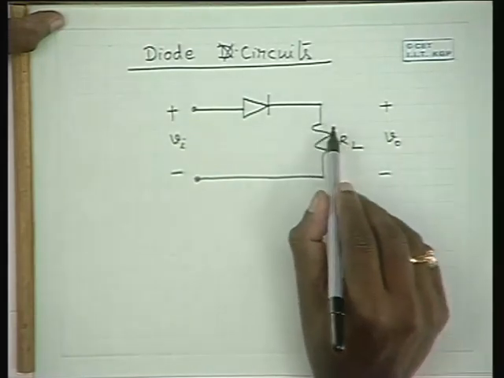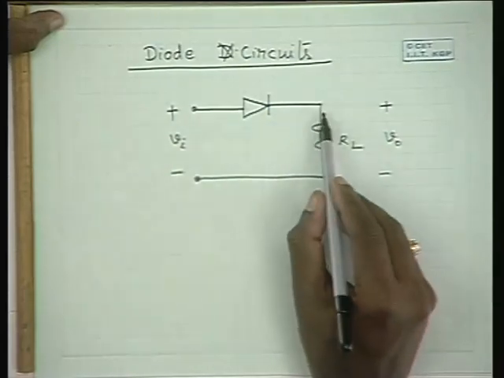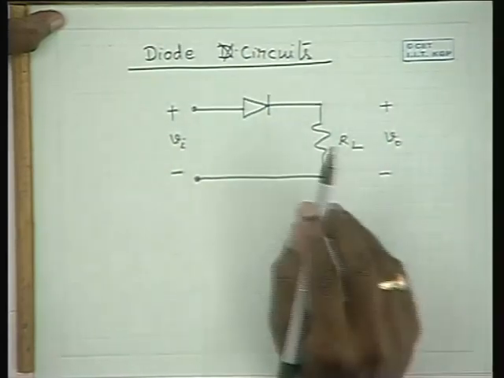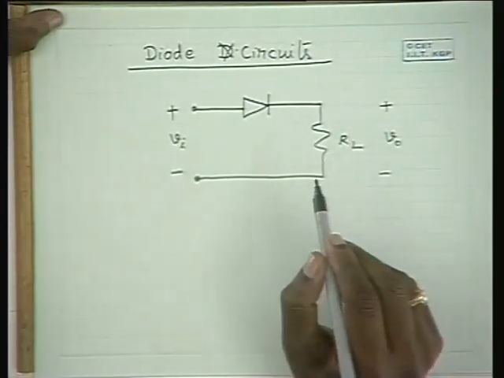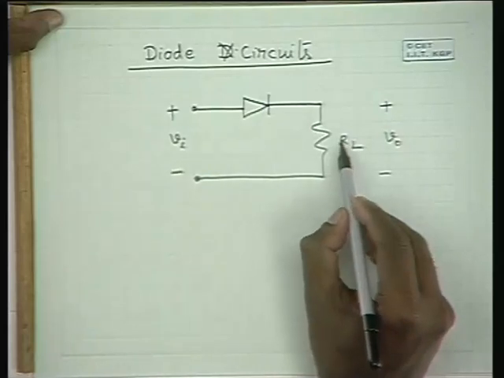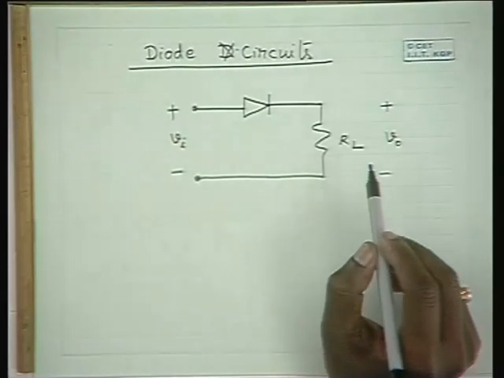Typically such loads are resistive by nature, whose volt ampere relationship is governed by Ohm's law. So let us consider a simple load resistance RL and look at what happens in the circuit.